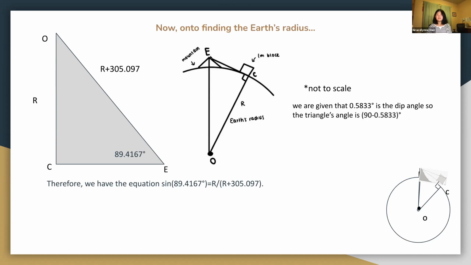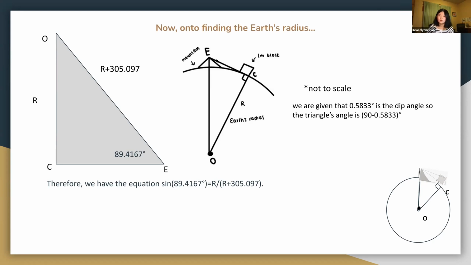Of course, it doesn't look exactly perpendicular right now just because of the curvature of the Earth, but once again, this mountain is very small in comparison to the surface of the Earth. So that's why we can just take that the triangle's angle is 90 minus this little dip angle over here.